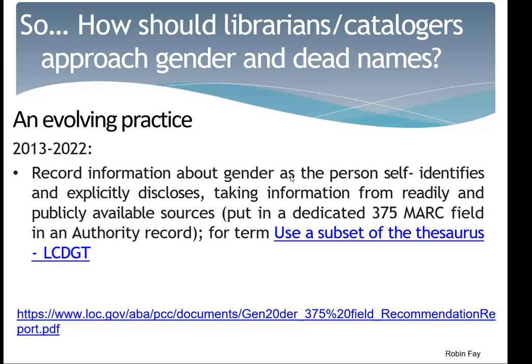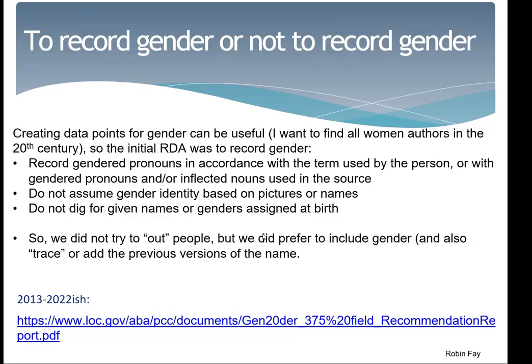Now, we're not choosing gender. As I said, there were some guardrails put in place so that we would not be making assumptions. One was, do not dig for given names or genders assigned at birth. So don't go do research.